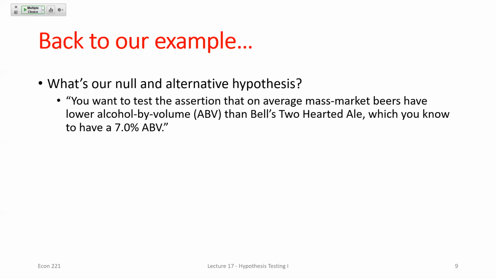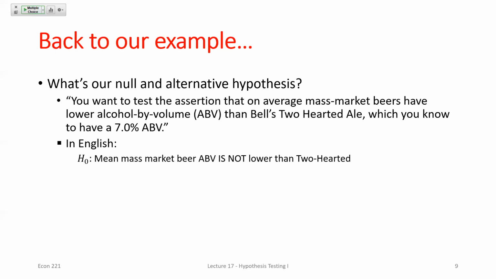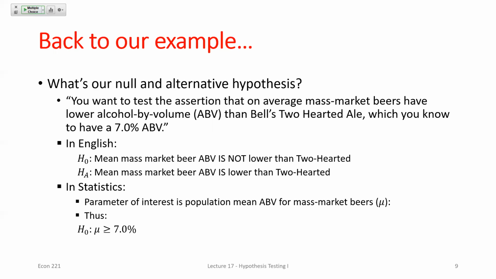So I assume the opposite is true. My null hypothesis is that that mean is greater than or equal to 7%. So in English, I say the word problem it's giving us, we can turn that into, like I did up here on the board, the statistical way we would write that.